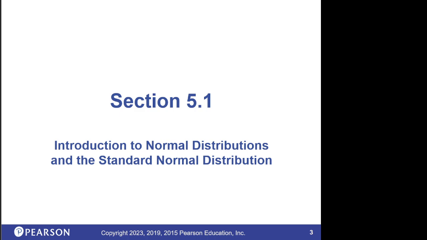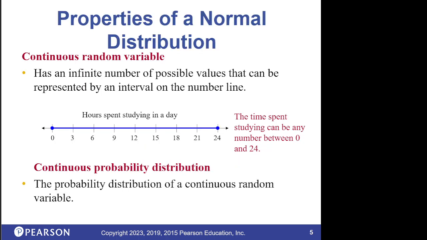So what we're going to do is invent a way of dealing with this distribution. In chapter 4, we dealt with discrete probability distributions. We're going to deal with continuous random variables. If we looked at the example of how many calls were given in a day, that was discrete, and there were gaps in between each possible number.